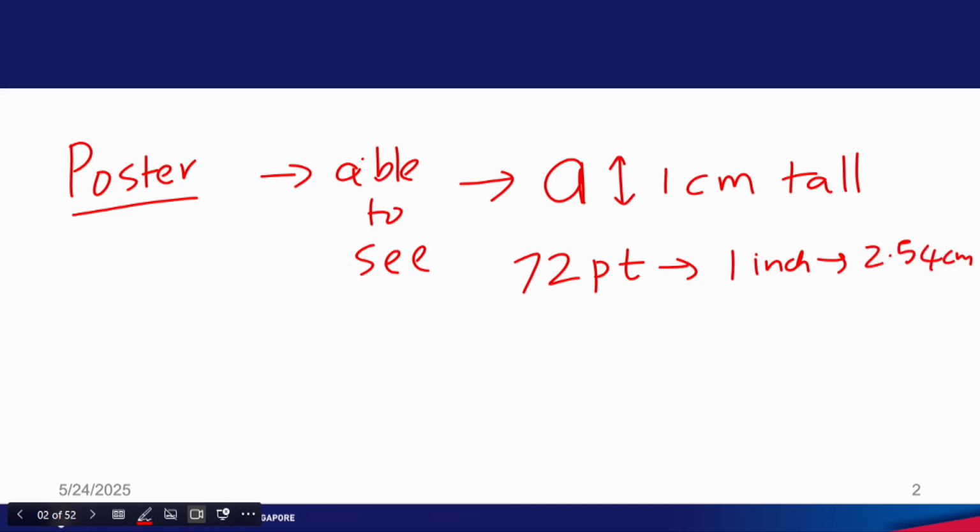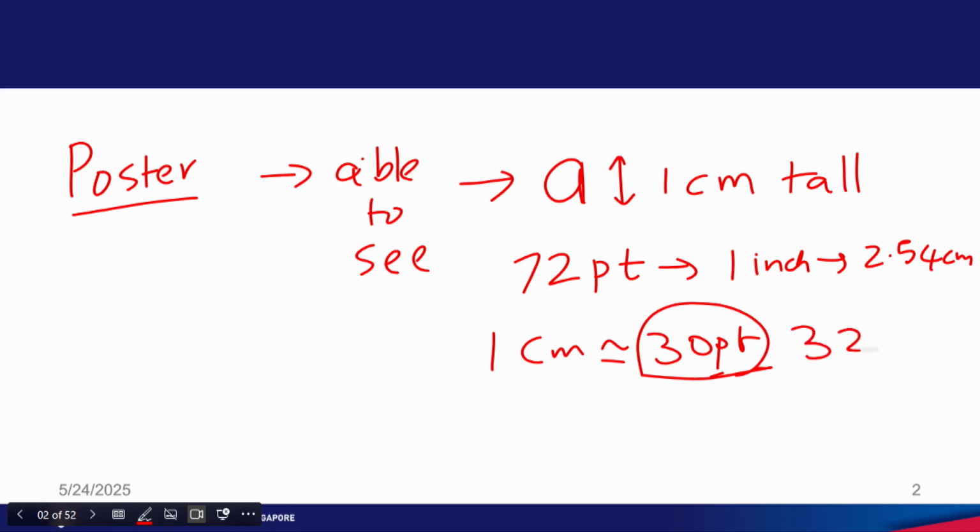So 1 centimeter is roughly 30 point. In PowerPoint and Word you are using points to define your font size, right. So you use at least 30 point or 32 point when you design a poster.